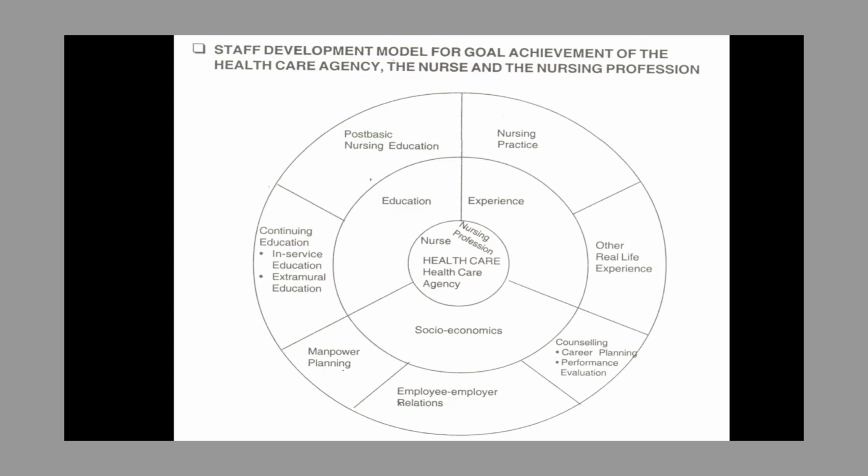Then on the education side, they have given post basic nursing education or any higher education. Then continuing nursing education comes in-service education and extramural education. We can see that later. This is a simple model of goal achievement of the healthcare agency. Okay, I think it's clear.